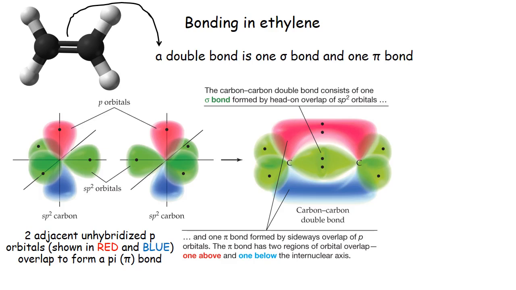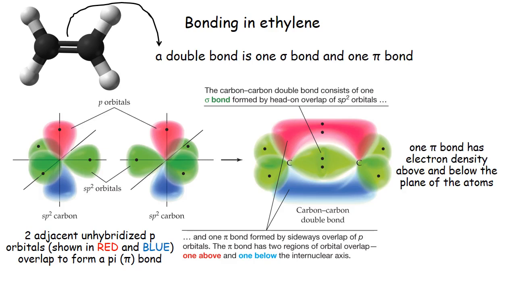Pi is spelled p-i, but I think everybody's familiar with the Greek symbol pi from math. Pi bonds are a little bit different than sigma bonds. A pi bond has electron density above and below the plane of the atoms, rather than what we see for a sigma bond, where the electron density is between the two nuclei.